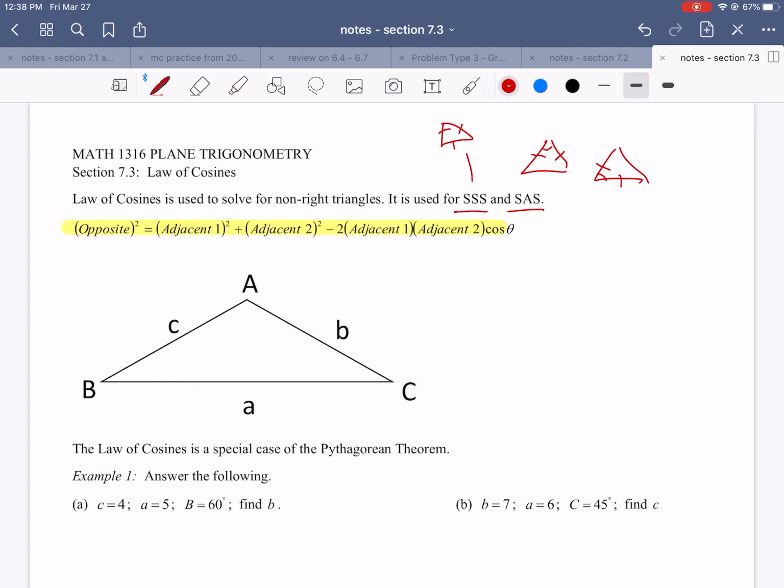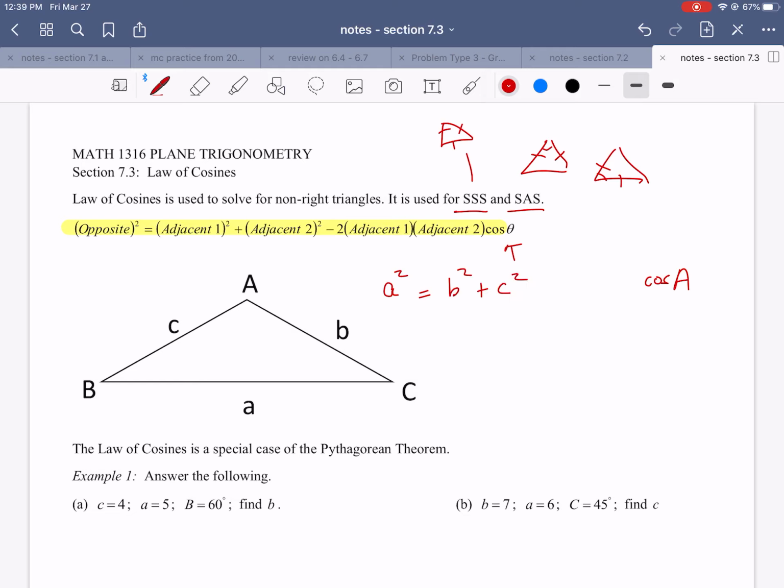When you write this formula, everything is determined by which angle you're either given or trying to find. So for example, if I'm given or trying to find angle capital A, then on the other side of my equal sign, I've got to have the opposite side of capital A, which would be little a. And then the other two sides will get filled in here.